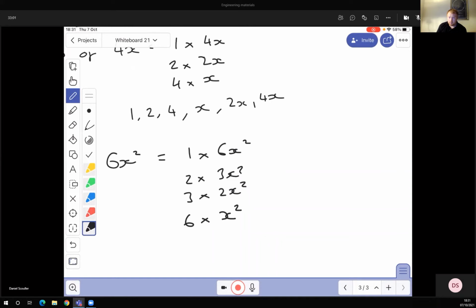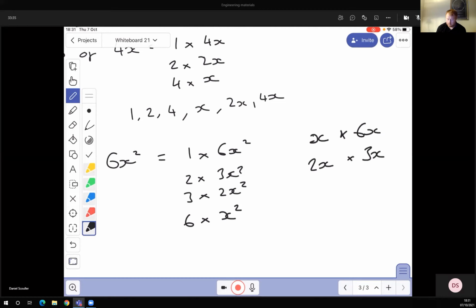But what about expressions with just x in them? Could we multiply 1x by something to make 6x squared? So x would be a factor as well. We could do x multiplied by 6x, and that would give us 6x squared. We could also do 2x multiplied by 3x, and we'd get 6x squared as well.